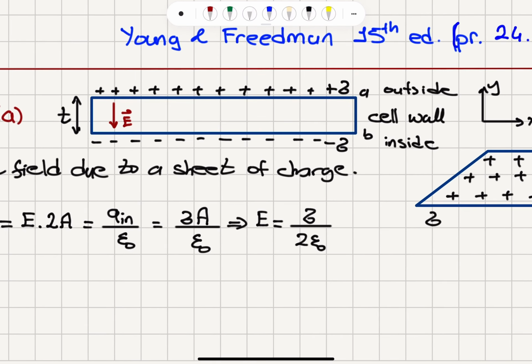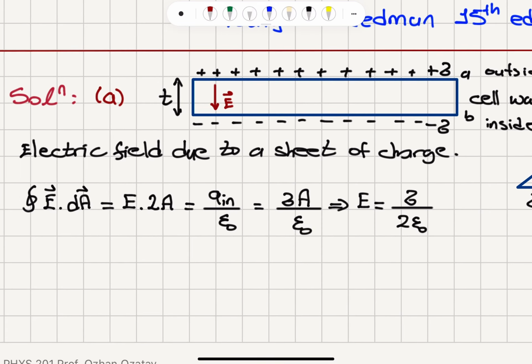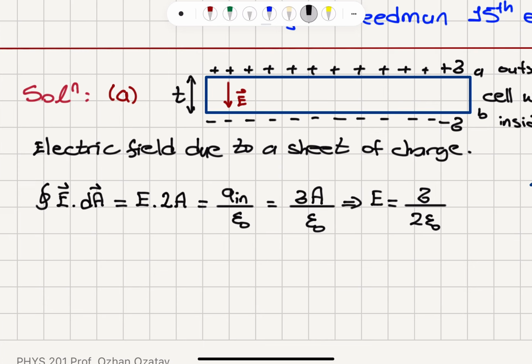We have both a positively charged sheet and a negatively charged sheet. The electric field due to each one of them is sigma over 2 epsilon 0, so they add up in between. So we can write the total electric field as E equals the electric field due to the positively charged outside surface plus the electric field due to the negatively charged inside surface.